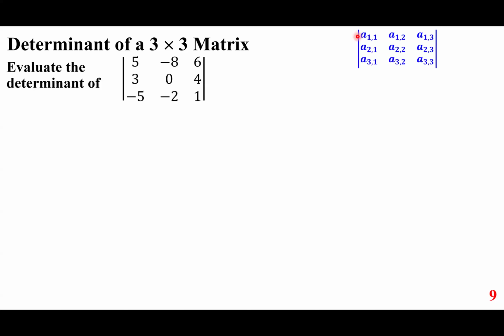You can go with respect to this row, this row, this row, or this column. You choose to expand it choosing any row or column. And the best course of action is to choose the one which has the maximum number of zeros.